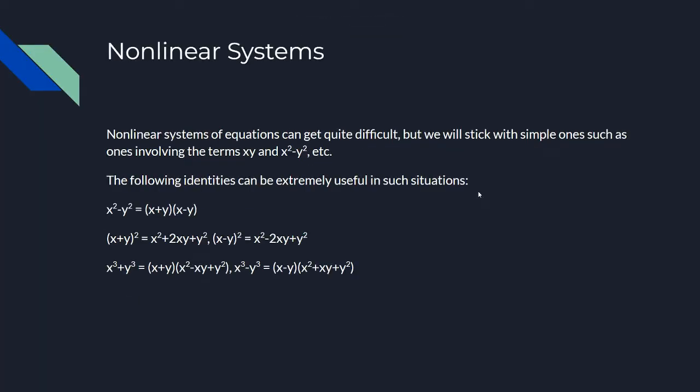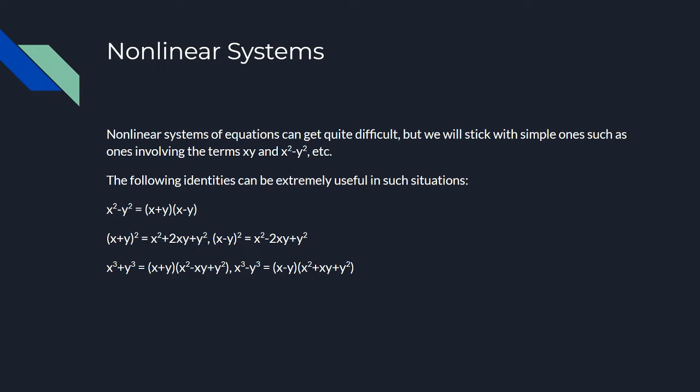Now, nonlinear systems of equations can get considerably more difficult. So we'll stick with some simpler ones, like ones involving the terms xy and x squared minus y squared, because these identities can be extremely useful in certain situations like that.